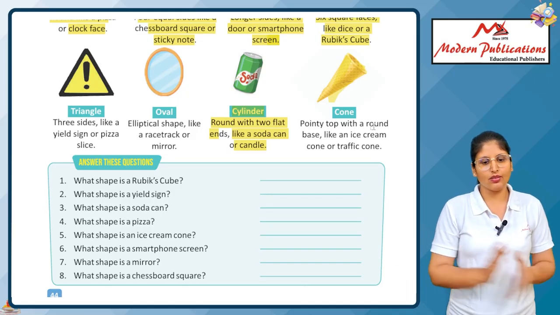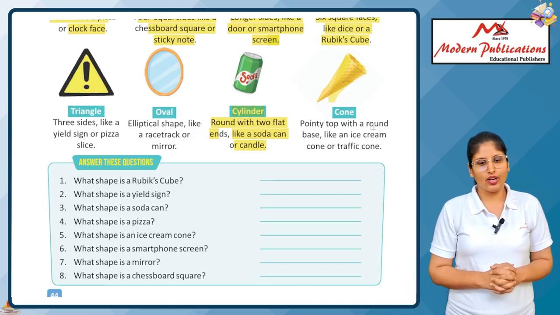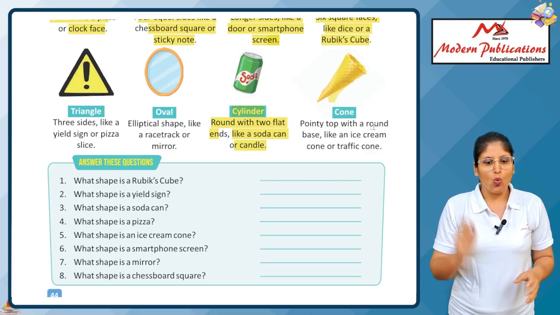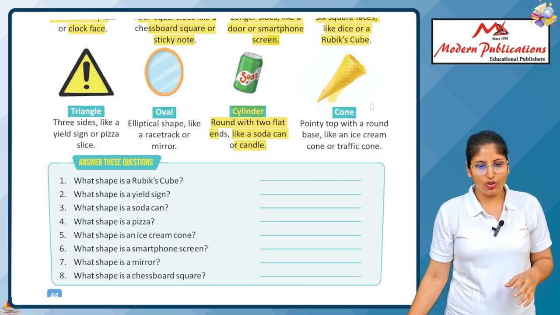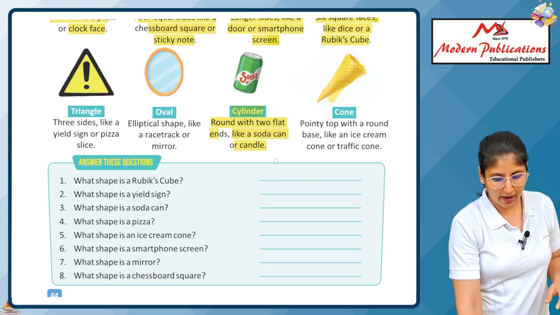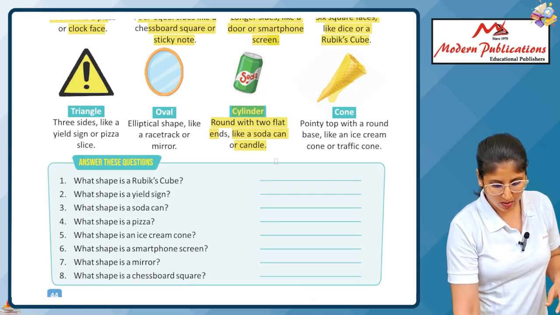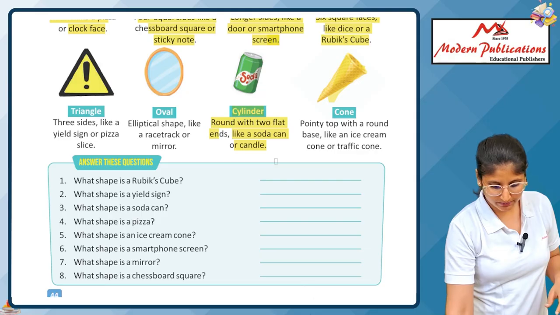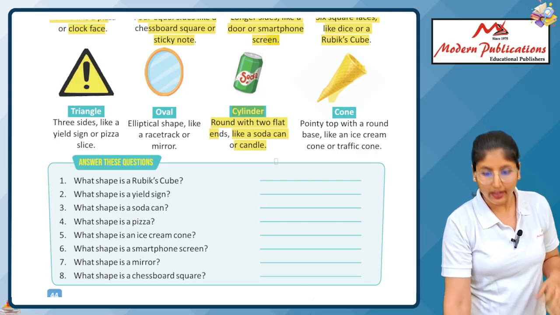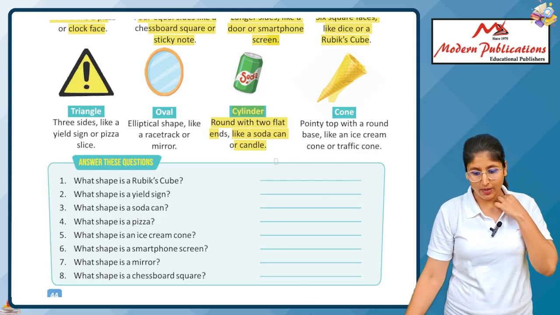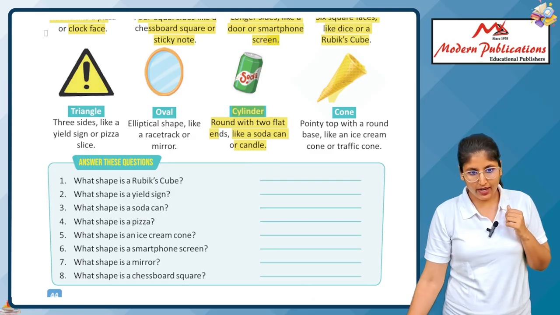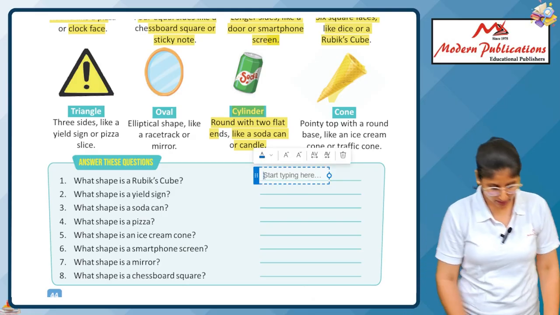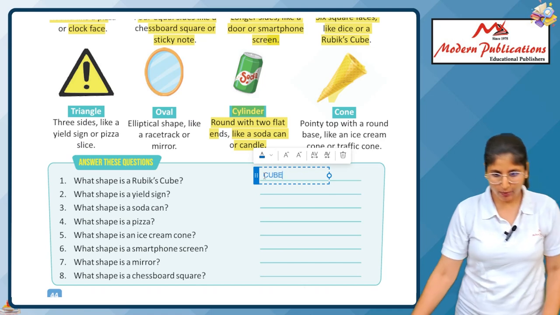Let's discuss some questions related to it. First question: what shape is a Rubik's cube? It has, of course, a shape like a cube. So we can write the shape in the given space below.